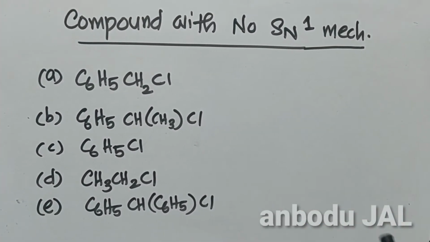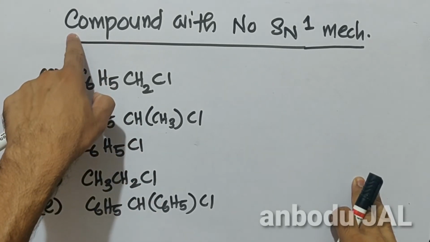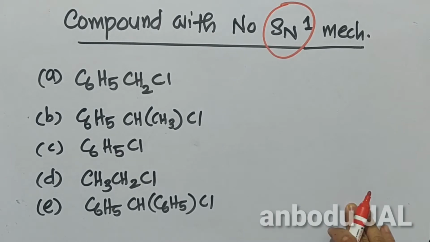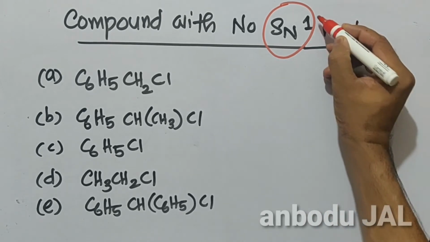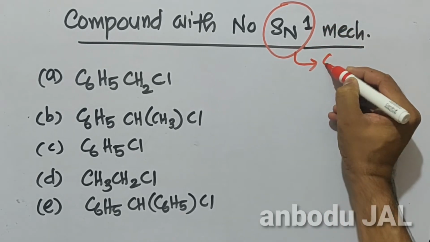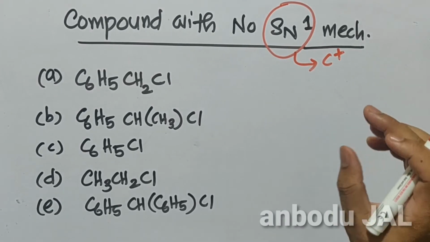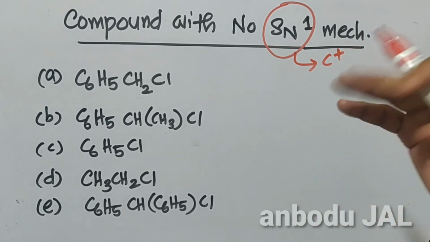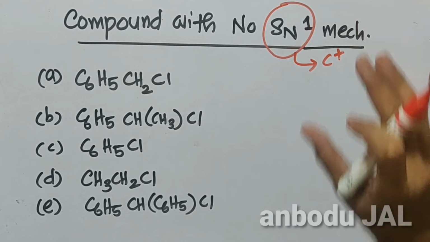Here the question is to find the compound which does not undergo the SN1 mechanism. SN1 reaction takes place in 2 steps. In the first step, there will be the formation of a carbocation. As the stability of the carbocation increases, the possibility for the SN1 reaction increases.